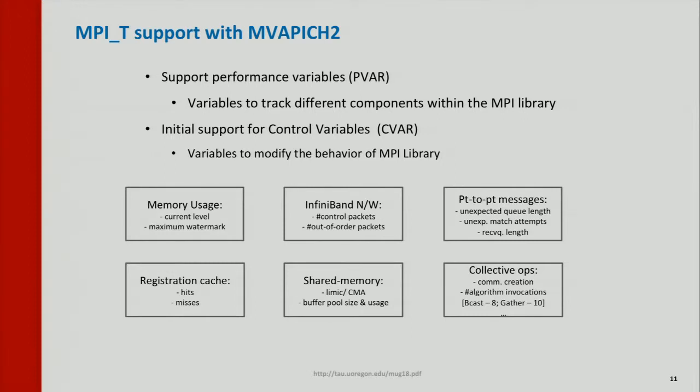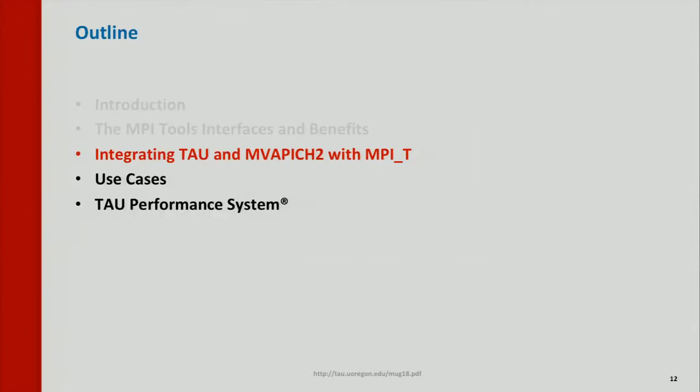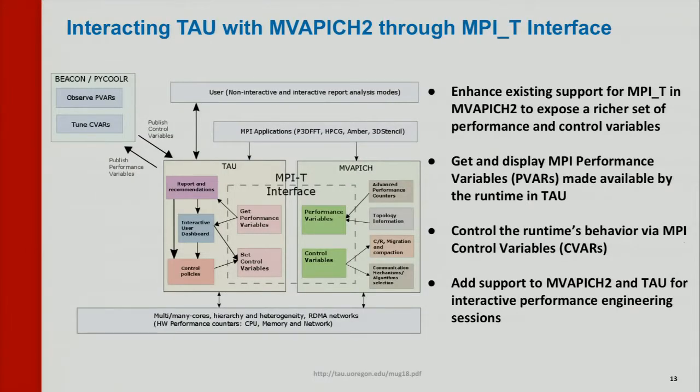So this allows us to look at all of these different constituents of the runtime and then do the integration. This integration is achieved, as I mentioned, with this MPI tools interface, where in this instance we are looking at TAU and MVAPICH as the two tools that use the MPI tools interface, where we can observe the performance variables and then effect change using the control variables.